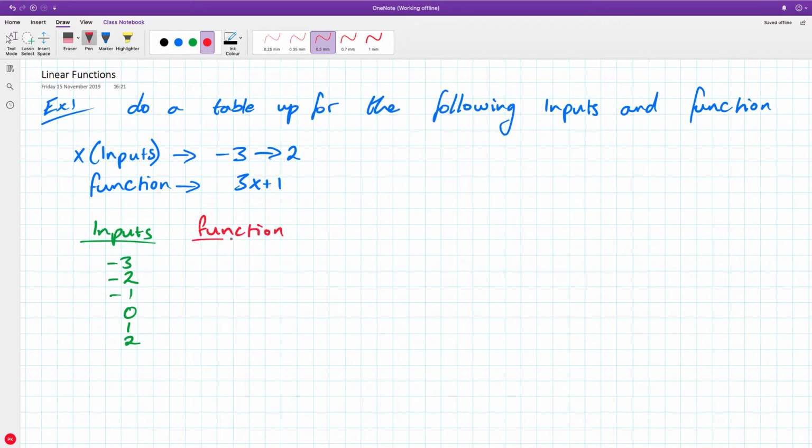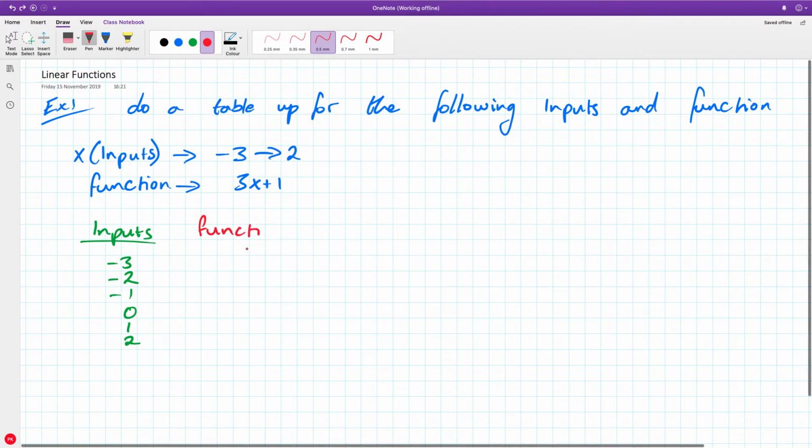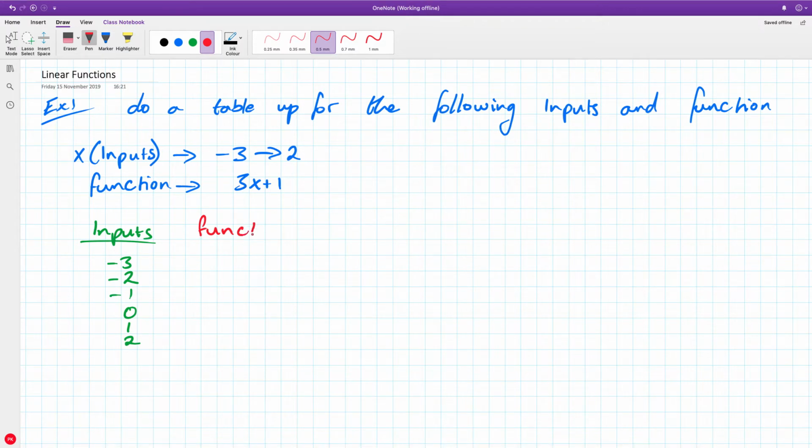Our function is 3x plus 1. And then our outputs are going to be over here. So, our first one is 3 times -3 plus 1, which is what, Julian? -8.